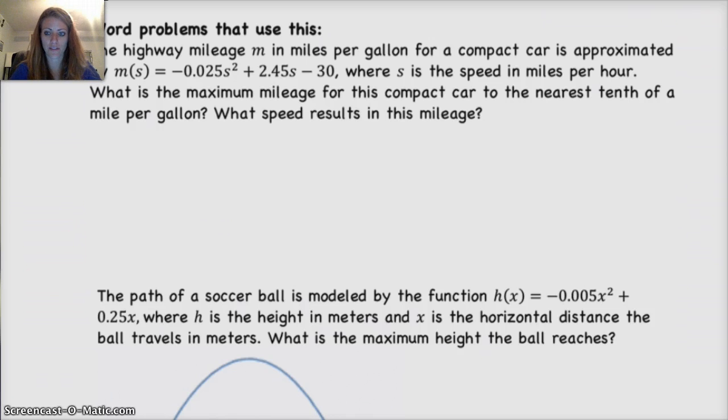So here's the function, right? And the question is, what's the maximum mileage for the compact car to the nearest tenth of a mile per gallon? What speed results in this mileage?